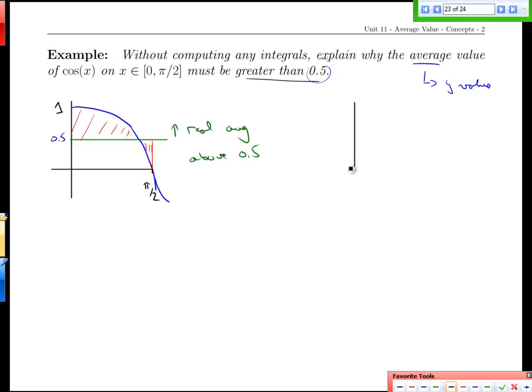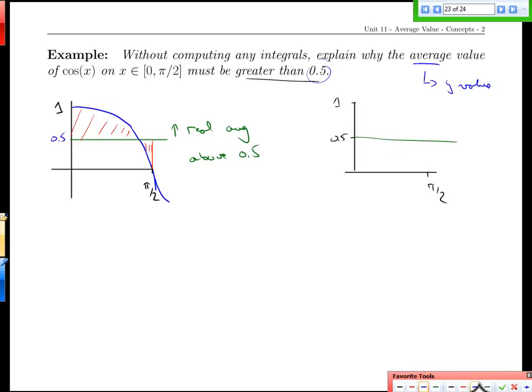But how could we know that a little more concretely? Well, we can ask the question, what kind of function would have exactly 0.5 as its average? So if we add our details here again, 1, here's 0.5, and out to pi over 2, what kind of function would have that average? Well, a function that went straight between those 2 points would.